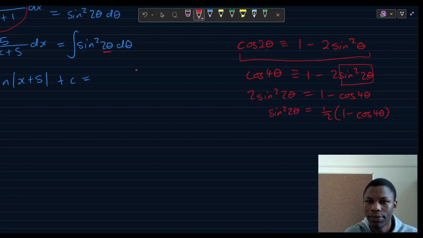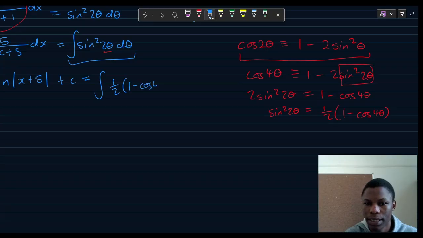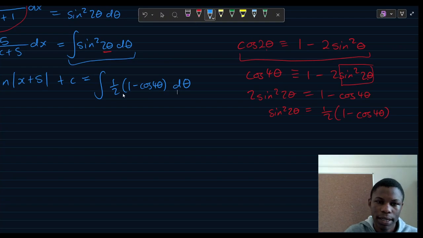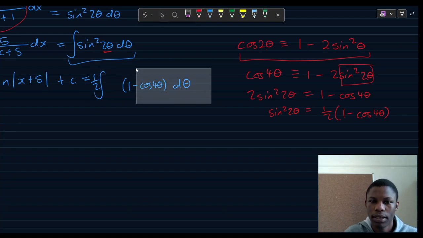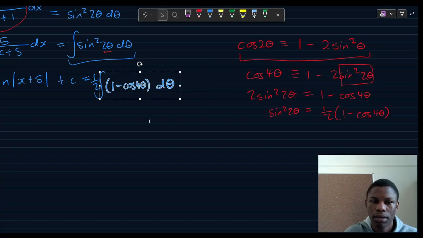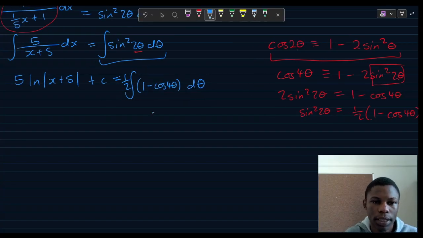And so instead of integrating this, I can just integrate half of 1 minus cos 4 theta with respect to theta. And in fact, we can take the half outside of the integral sign. And now we can integrate.